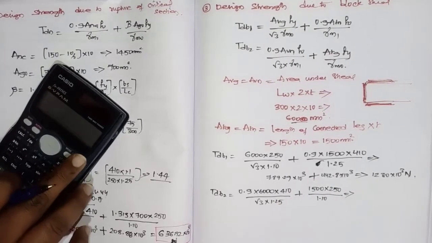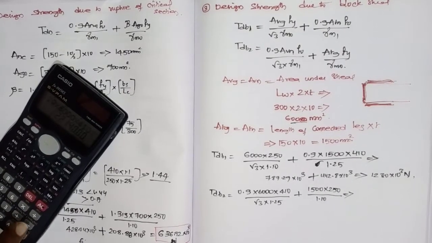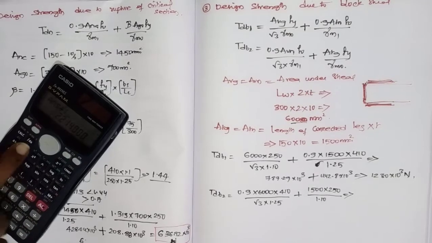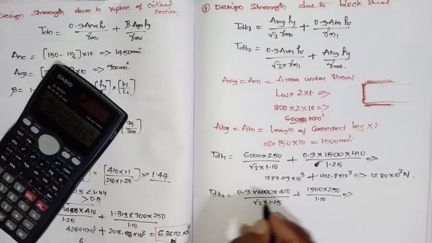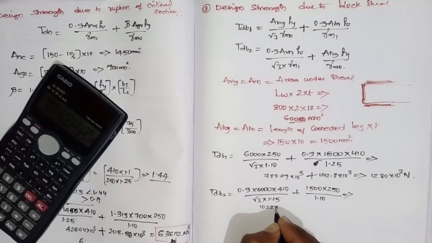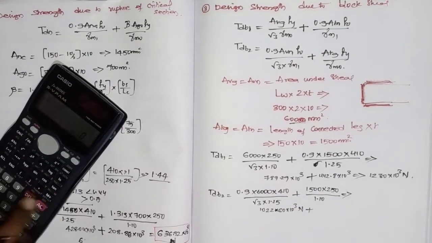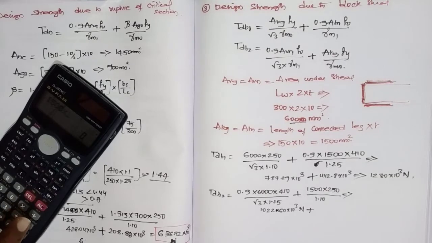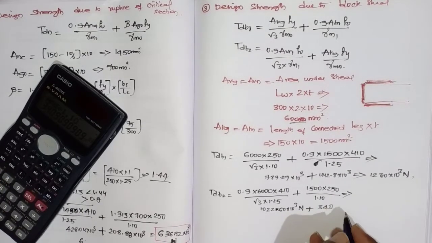If I solve it, 0.9 into 6000 into 410 divided by root 3 into 1.25, how much are you getting? 1022.60 into 10 power 3 newtons plus 1500 into 250 divided by 1.10, so how much are you getting? 340.90 into 10 power 3.